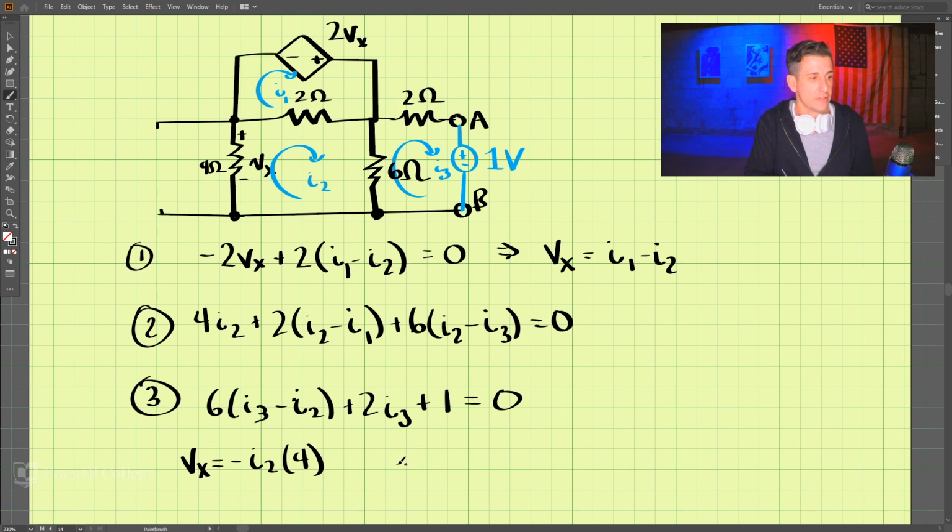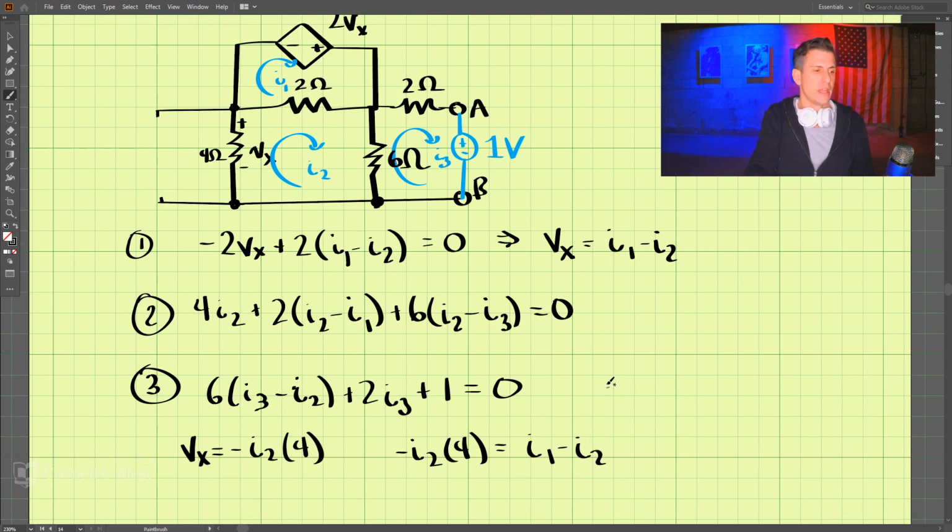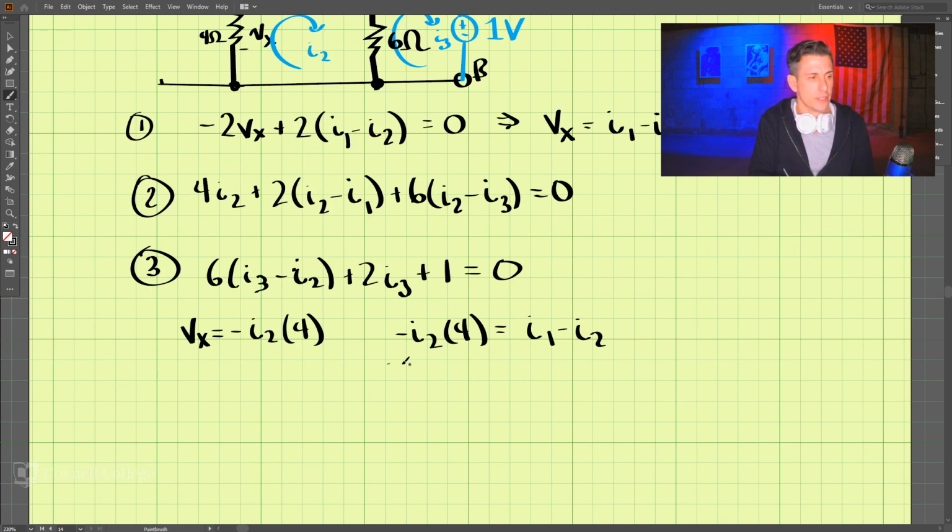So we have negative I2 times 4 equals I1 minus I2. And continuing on, we have I1 is equal to negative 4 plus 1, that's negative 3 I2.